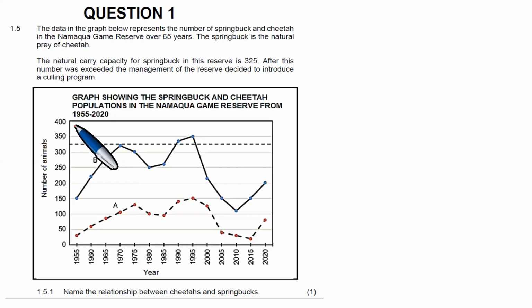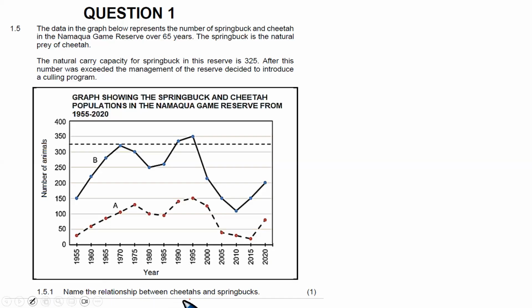It started mostly in 2019, but it hit South Africa hard and reached our shores in the year 2020, leading to a hard lockdown across South Africa. Okay, we have the number of animals there, with 50 animals, with 100 animals, and so on. The years, we have 1955, we have 1960, and we're moving in steps of 5 years.